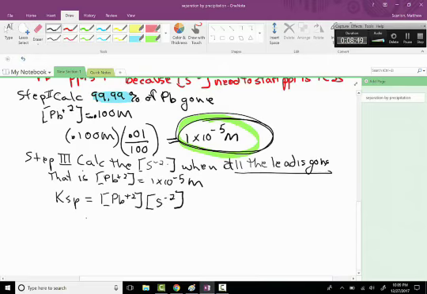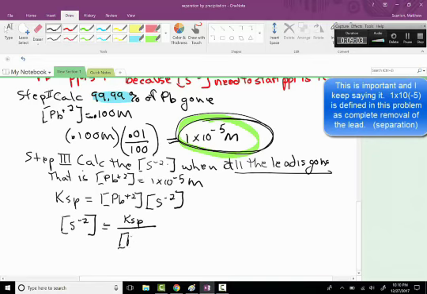And I know what the lead concentration is, and I know the KSP. So the concentration of sulfide minus 2 when the lead is all gone is equal to the KSP divided by what we say is the concentration of lead that is all gone, the constant, which is this 1 times 10 to the minus 5th.